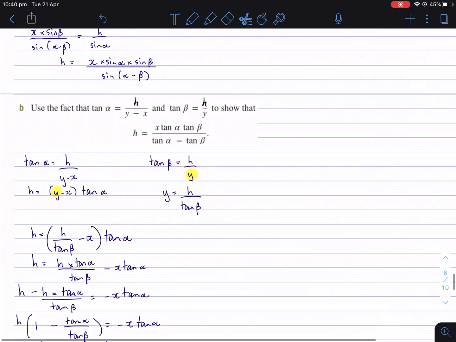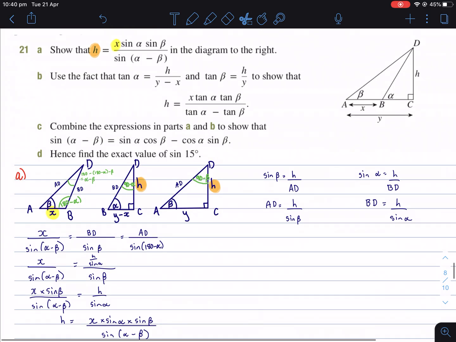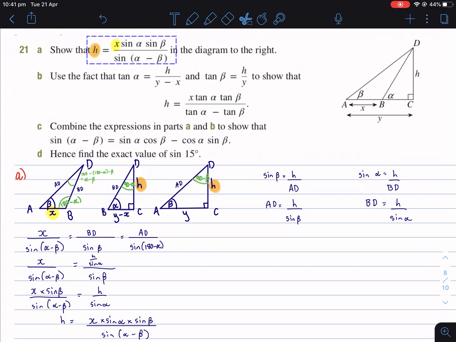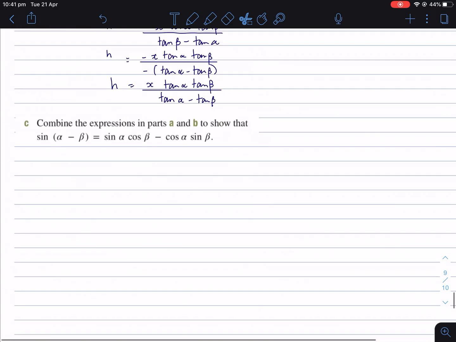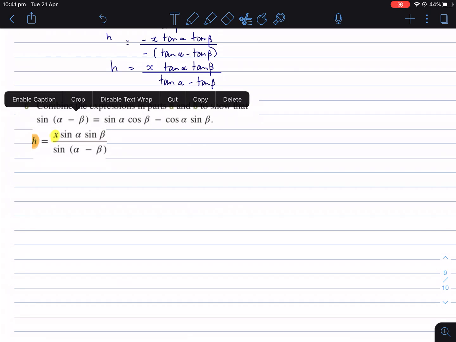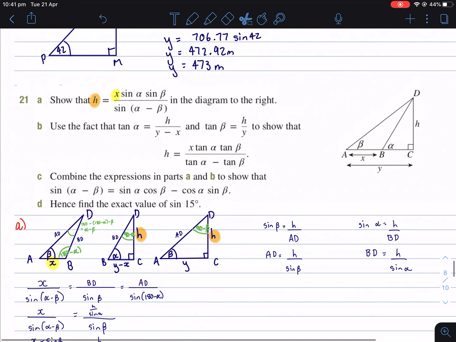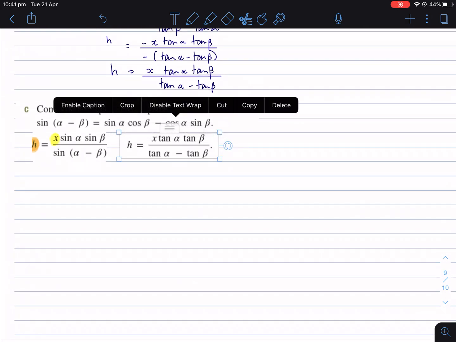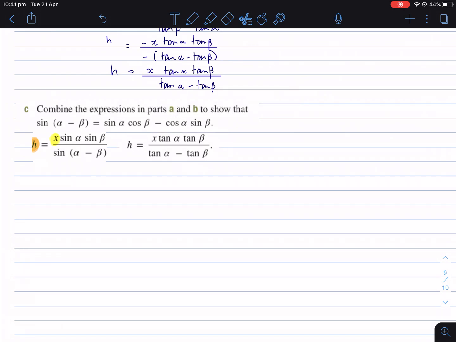Okay, so the expressions we had were this thing, and we had this thing, so I can only imagine we make them equal each other.